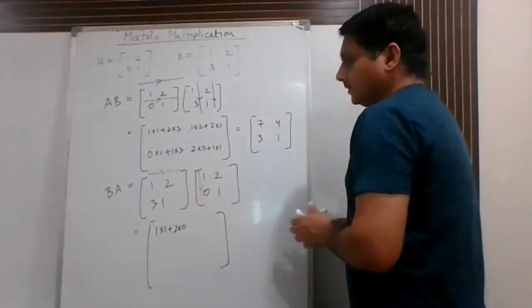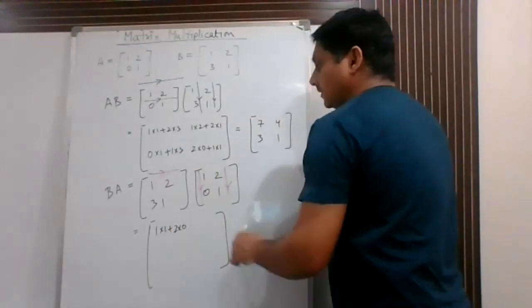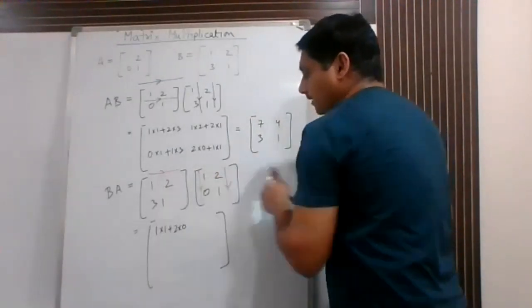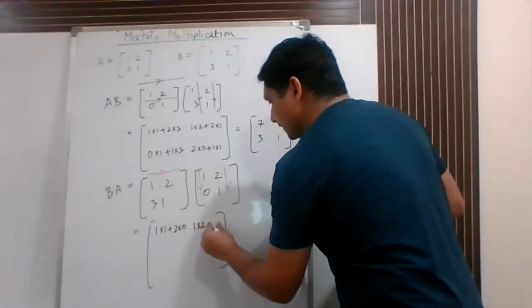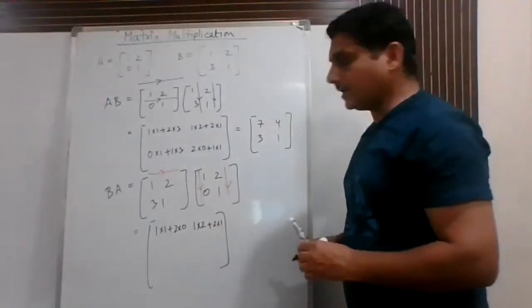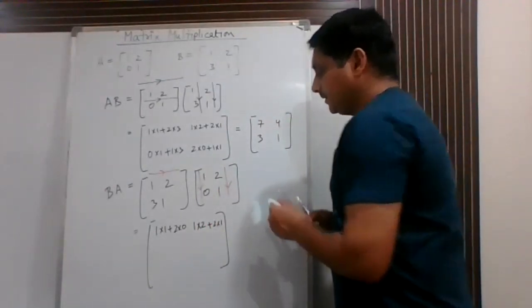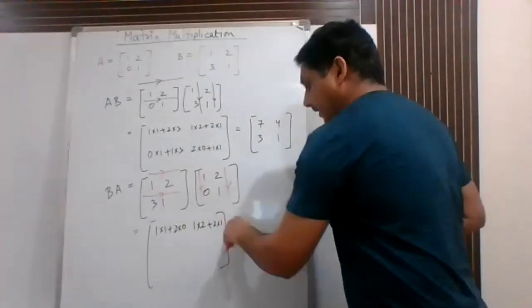Right? Now keep this as it is and move to the next one. So when you move to the next one, it will be 1 into 2 plus 2 into 1. Right? This is how we can write. Now after that, you will move to this one. So operate with this and then operate with this.